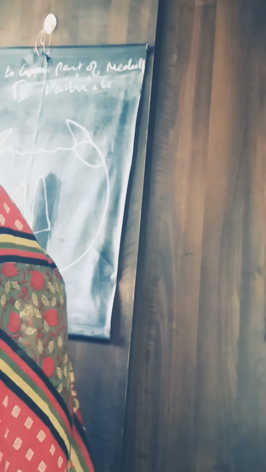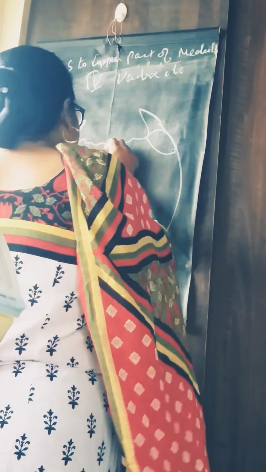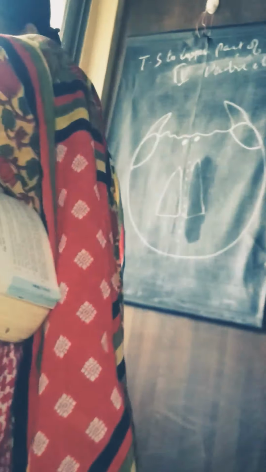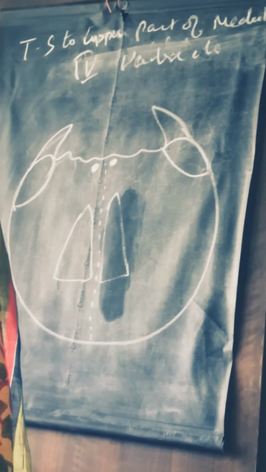Now the same thing we have. First, over here in the median plane, got it? Over here in the median plane, I really don't have chalks also to draw for you people. Then we have over here the hypoglossal nucleus. Got it?